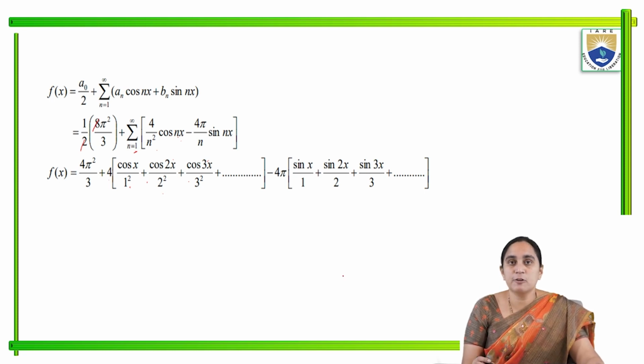Okay, this is the required series for the function f of x equal to x square within the limits 0 comma 2 pi.